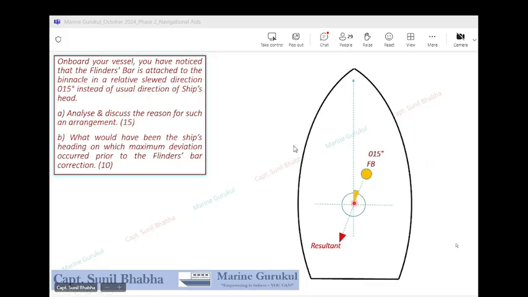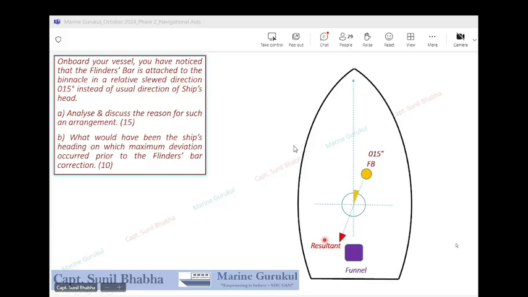Now, how can we have the resultant in this particular direction? We are aware that exactly aft of the binnacle we will have the funnel. You can see the funnel now coming up in the diagram. So the funnel will be exactly aft of the binnacle. The resultant is slightly towards the port quarter.